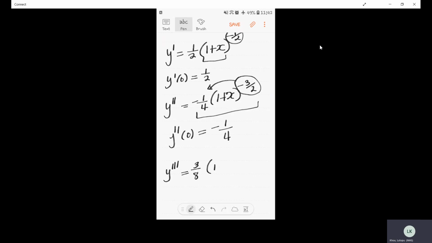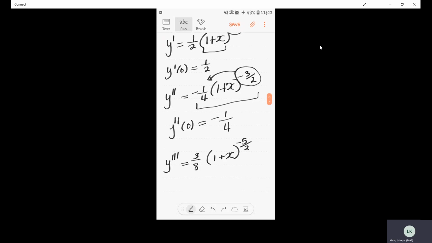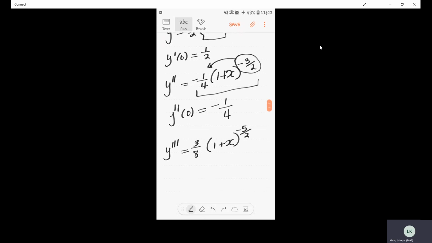And then the inside will stay as it is. The exponent will decrease by 1. So I have negative 5 over 2. And then I'll multiply with the derivative of the inside, which is multiplying by 1, but multiplying by 1 doesn't change anything. Then I substitute 0 into y triple prime, then I get 3/8.